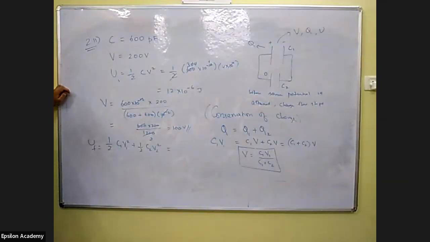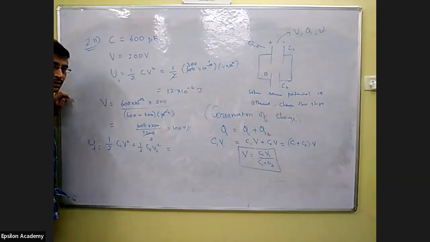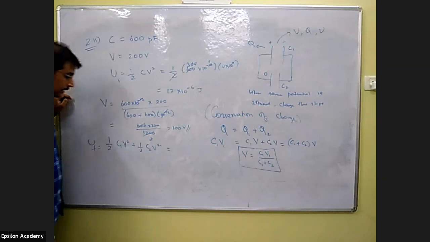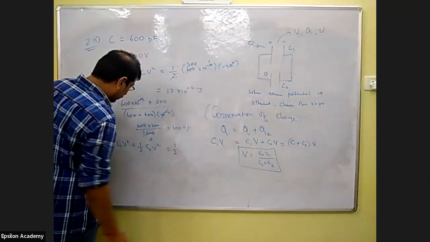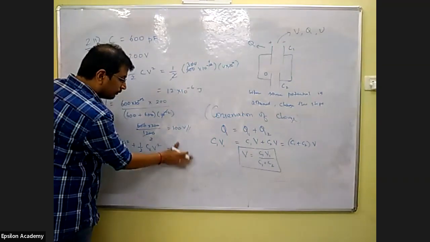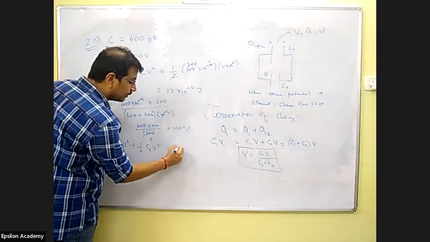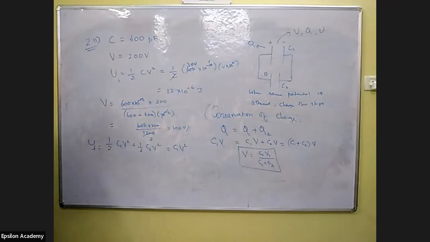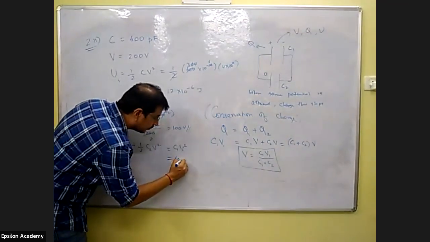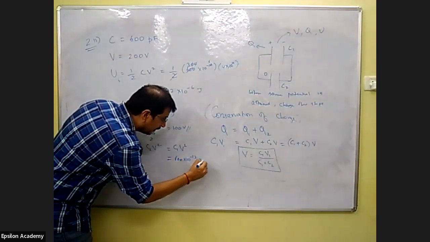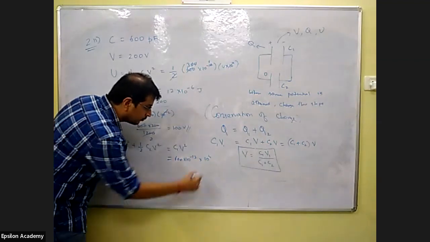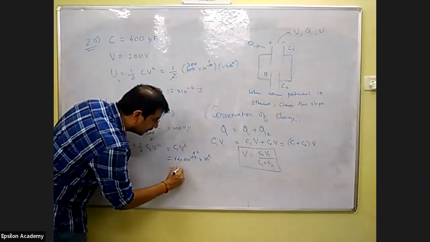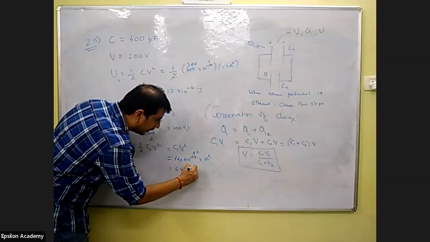What should I write? C1 V square and C2 V square, because they are having common potential, right? So half into, C1 and C2 are of the same value, so can I write it as C1 V square? Now how much will be the value? 600 into 10 power minus 12 into V square, which is 10 power 4. So this goes 2 times. So 6 into 10 power minus 6.